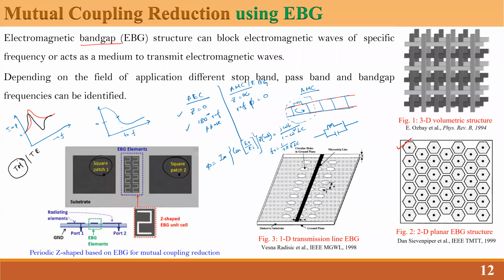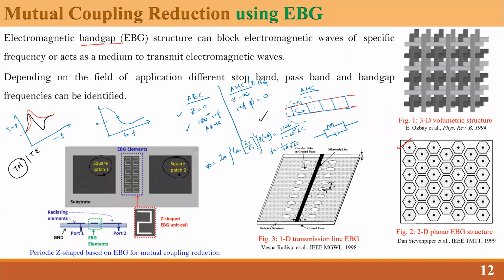The surface wave can have two types: a TM surface wave or a TE mode surface wave, that is, transverse magnetic or transverse electric. Transverse magnetic surface waves are supported on inductive surfaces, and transverse electric waves are supported on capacitive surfaces.